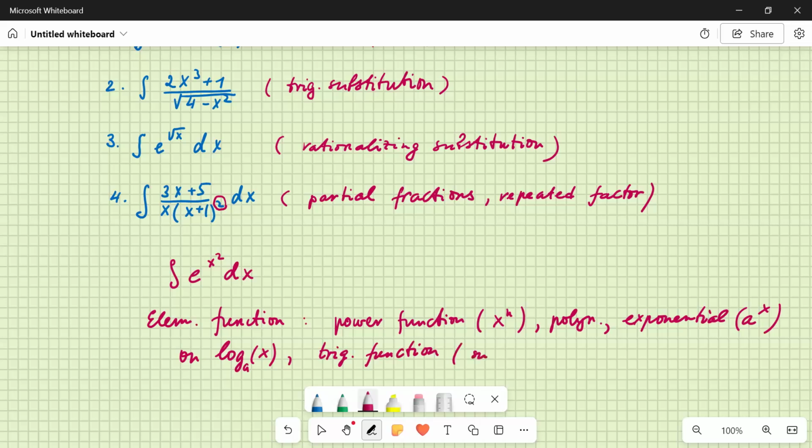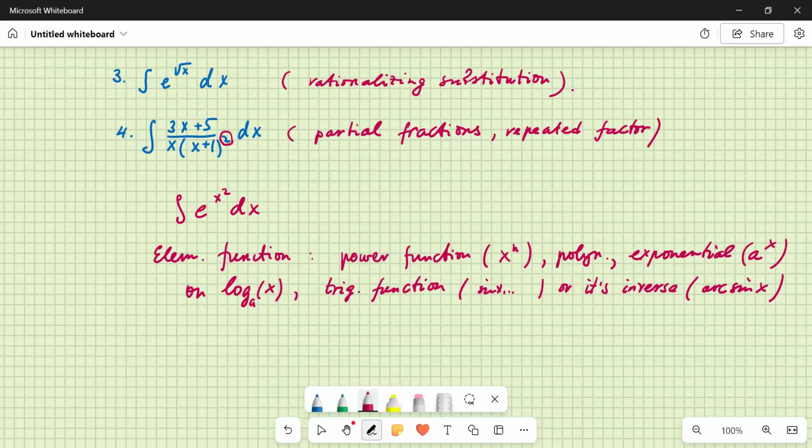A trigonometric function like sine, or its inverse, like arc sine of x. Or it can be a hyperbolic function, something like cosine hyperbolic of x, right?